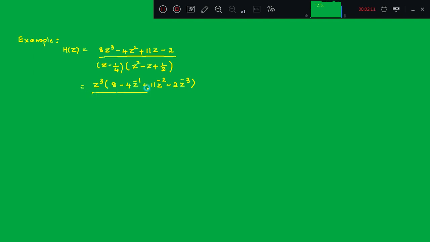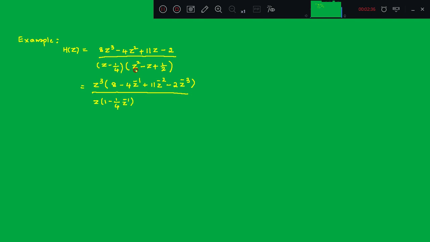Similarly, the denominator polynomial is a product of two polynomials, z minus 1 by 4 and z square minus z plus 1 by 2. From the first term I will take z, so that what I will get is 1 minus 1 by 4 z raised to minus 1.